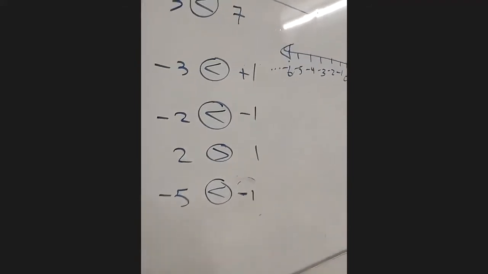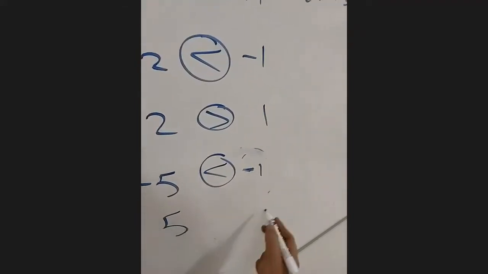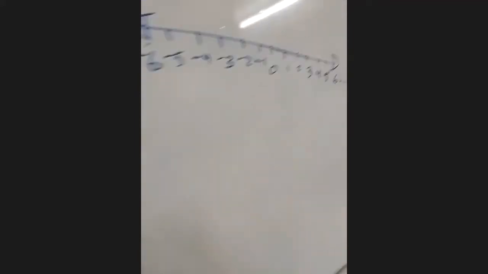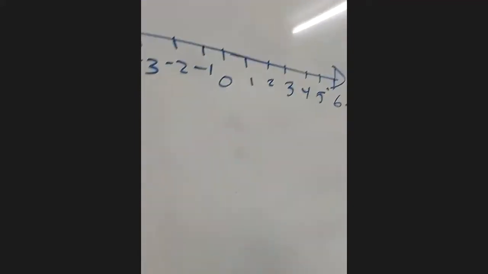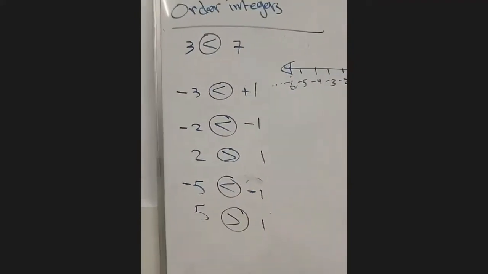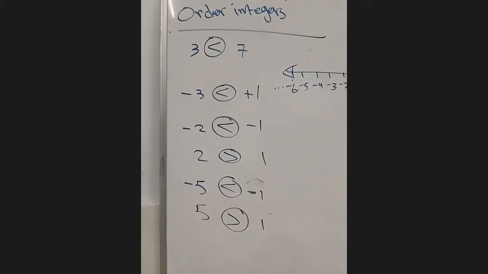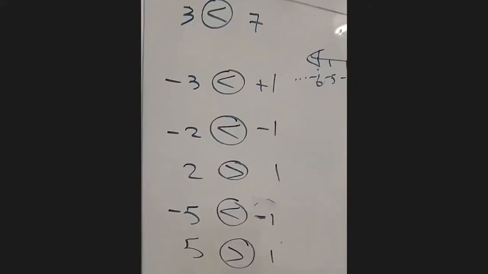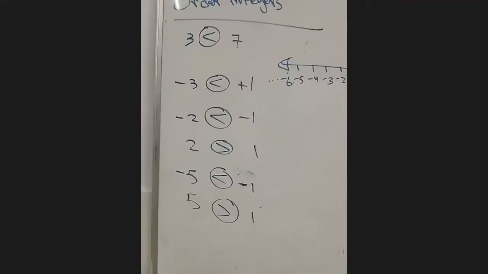But if we have positive integers, 5 and 1, which one is bigger? Normally it is 5, because 5 is to the right of 1, so 5 is bigger. So how do we compare, guys? We always take a look at the number line or imagine it in our minds. The number to the right is always bigger.